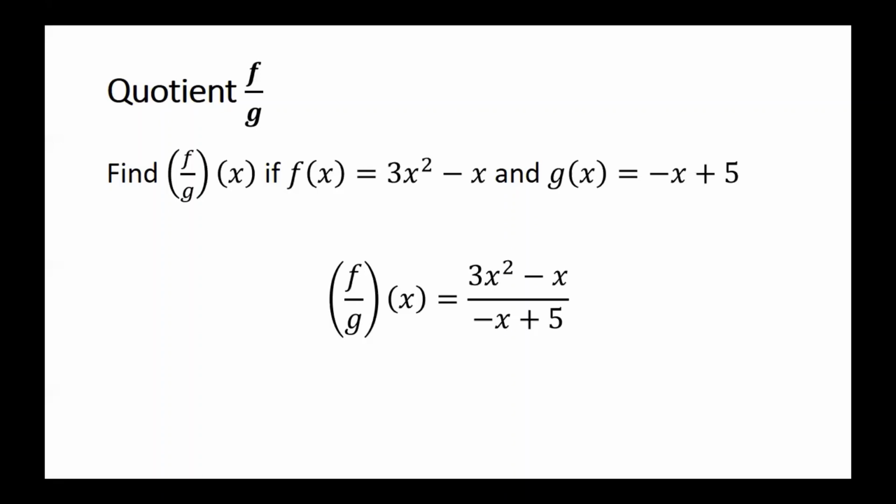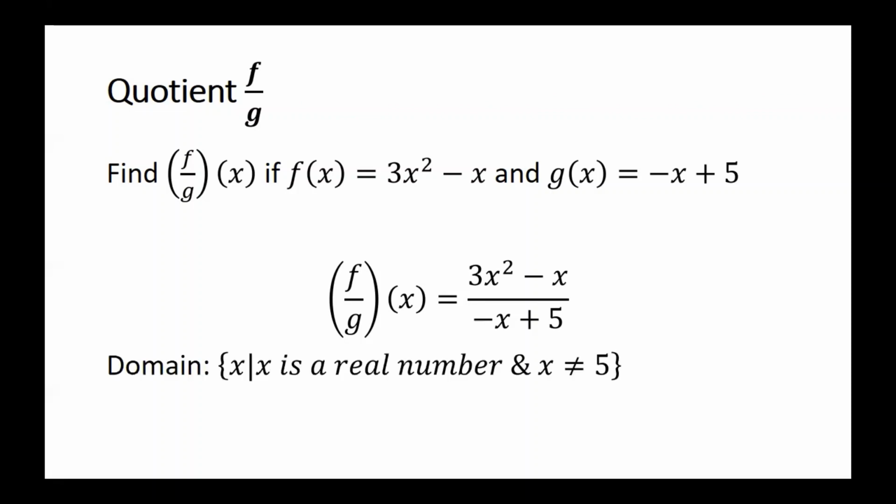We know there are no restrictions on f of x and no restrictions on g of x other than the fact that we cannot allow the denominator to be equal to 0, so we can't allow g of x to be equal to 0. So we can't allow x to be equal to 5. Therefore, the domain is all real numbers such that x is not equal to 5.